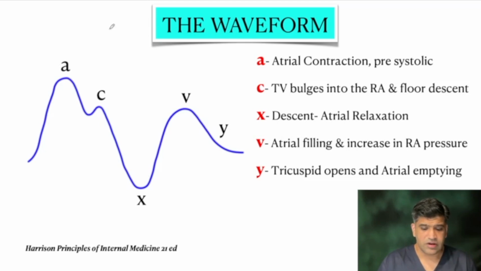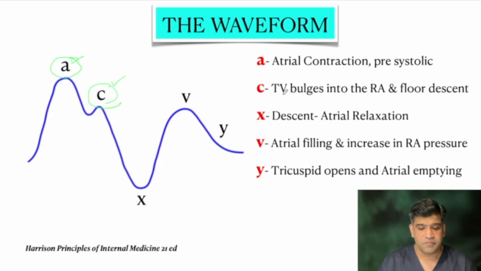As we saw earlier, the first positive deflection A is caused by the atrial contraction. Now, after the atrial contraction, the atria relaxes and in between there is contraction of the right ventricle that pushes and bulges the tricuspid valve into the right atrium, giving a small positive C wave.